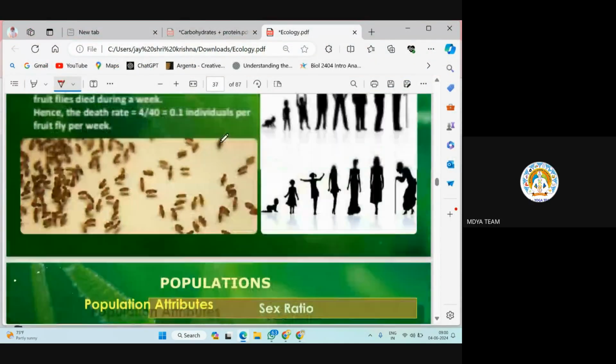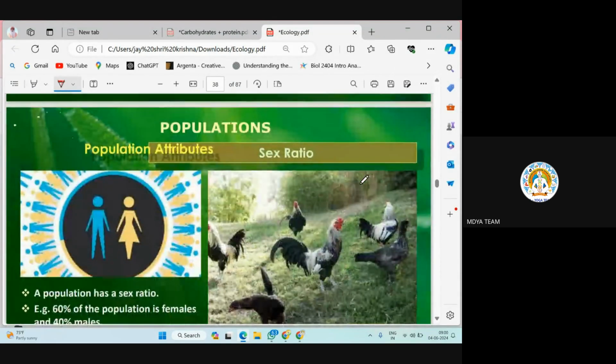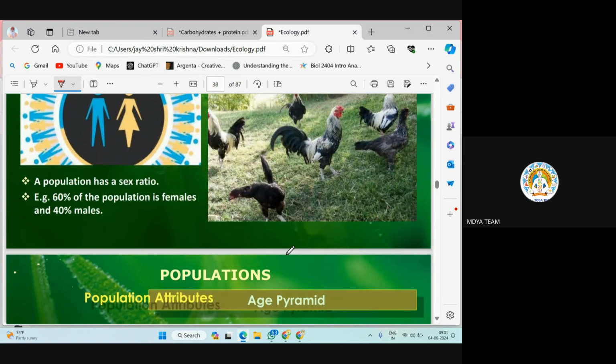Okay. Similar thing with death rate: number of individuals died per capita, or number of individuals died per 1000 people. Next is sex ratio. So what is sex ratio? It is the ratio of male to female or female to male. While we were discussing DI, we already know what the ratio is.